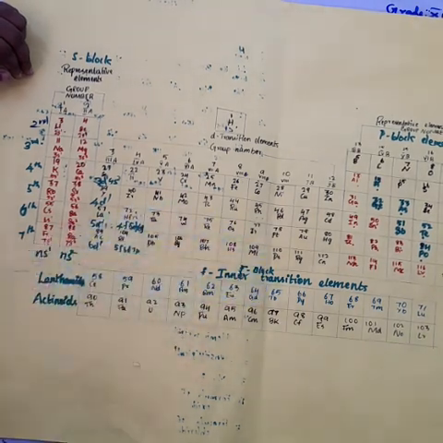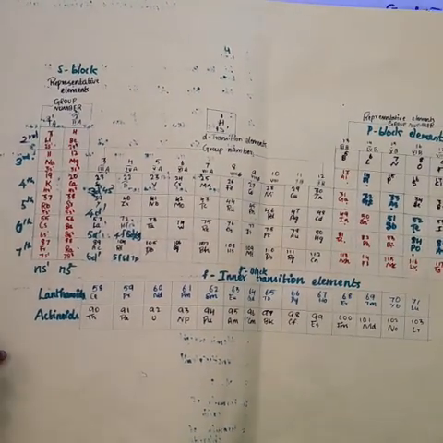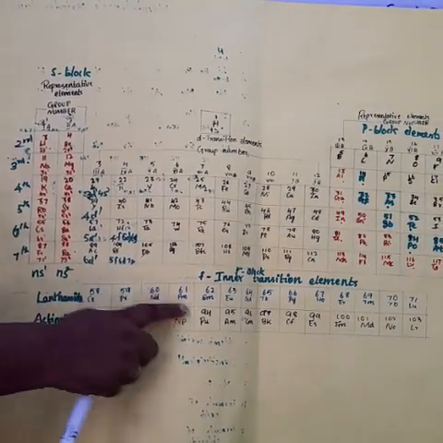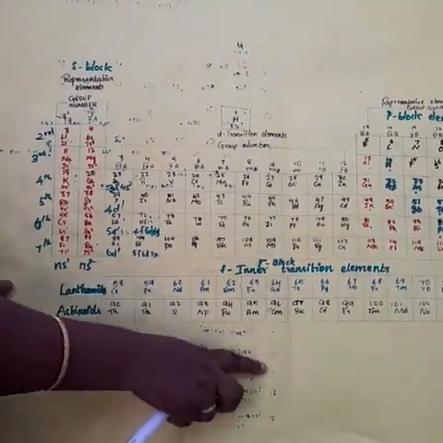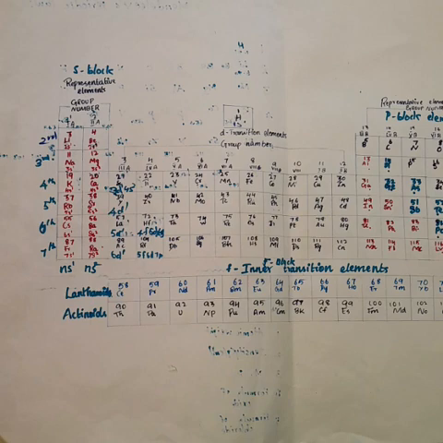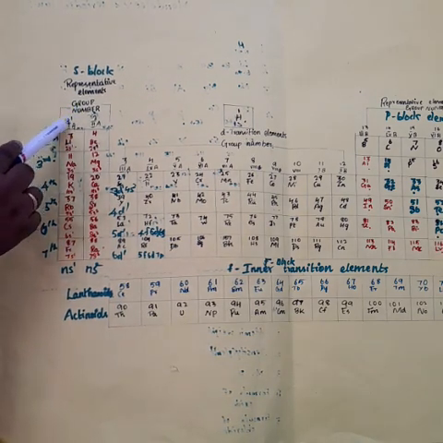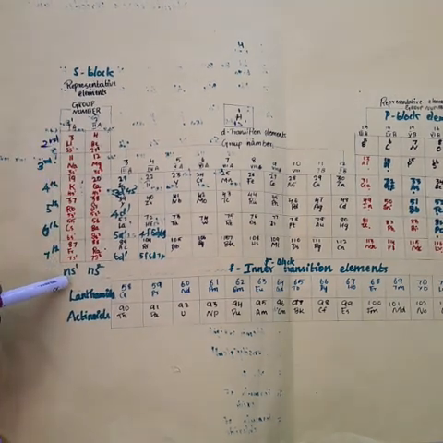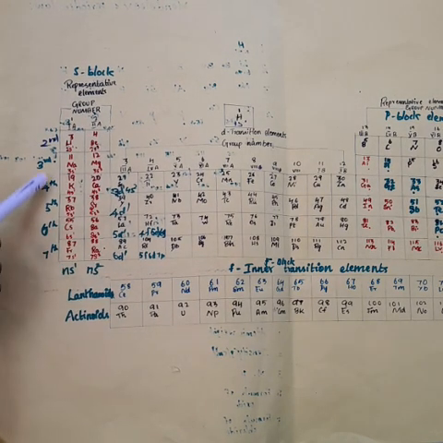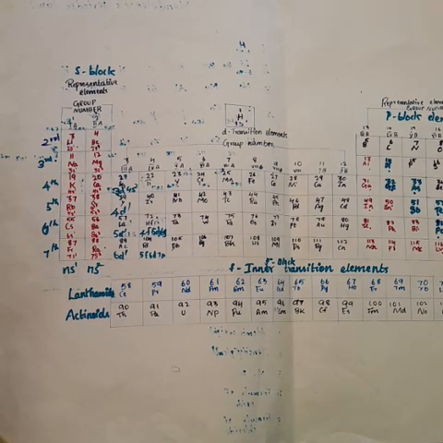The elements in the same group have similar properties because they have the same number of electrons in their outer shell.